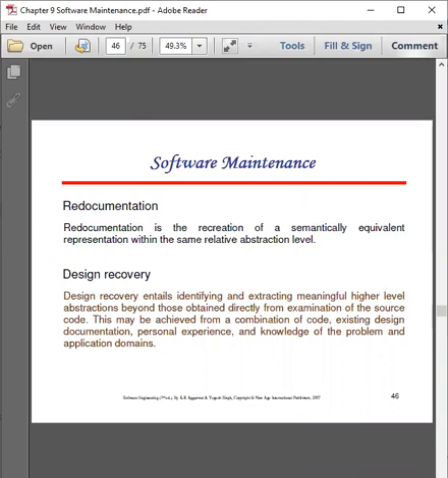This may be achieved from a combination of code, existing design documentation, personal experience, and knowledge of the problem and application domain.